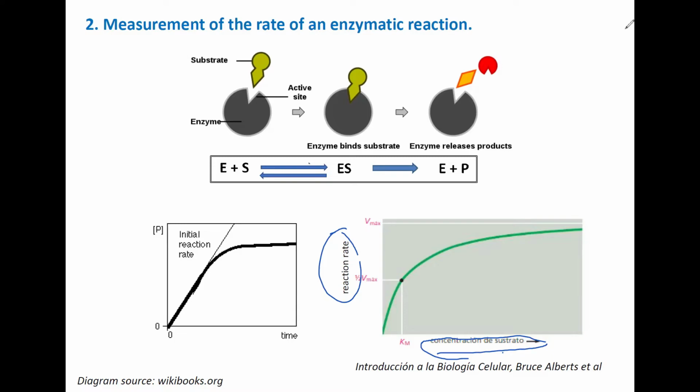Therefore, we should know this, and it is very important in measuring the rate of enzymatic reaction. There is an active site, and the active site is for the substrate to bind. So as you have the enzyme concentration, you are adding substrate, and as you increase the concentration of the substrate, the rate of the reaction will increase.